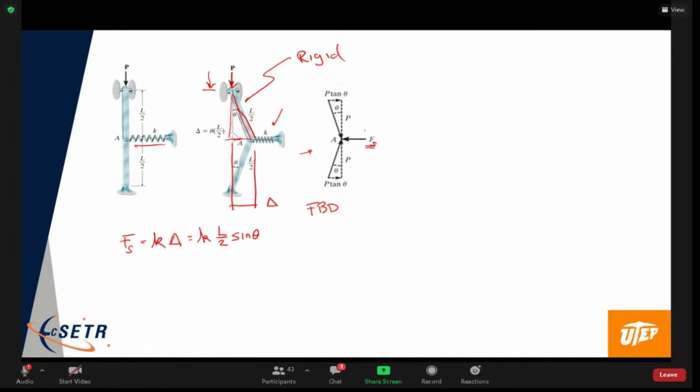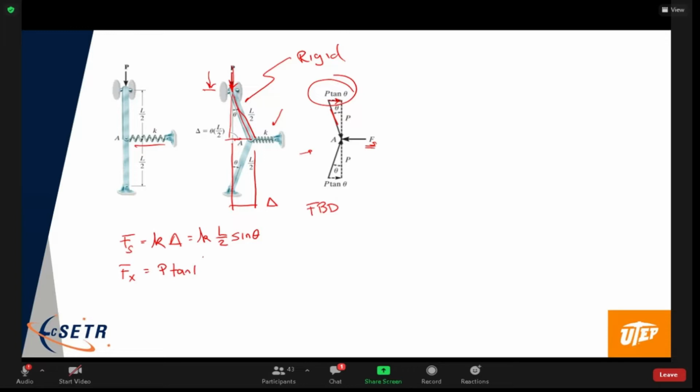What balances that? Well, you have this link here where you have the down force P. Obviously, that puts the element into compression, right? P cosine theta. And that gives you a net force in the X direction, so the force due to P is going to be P tan theta.